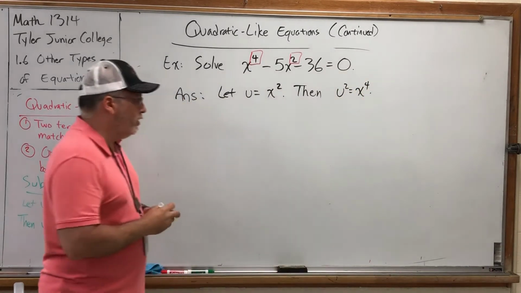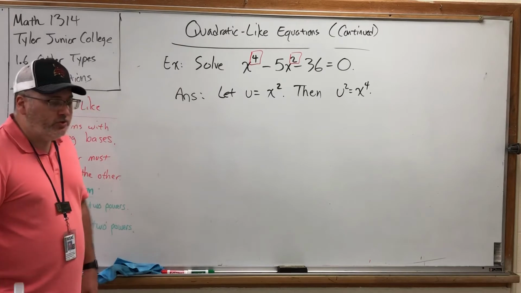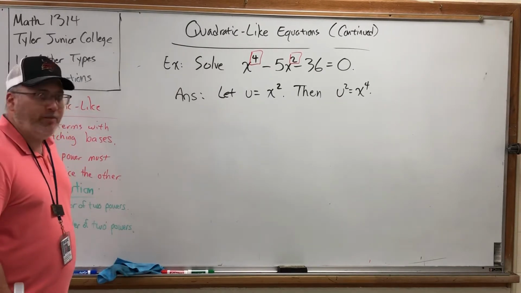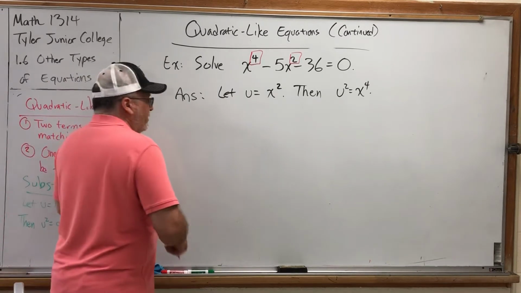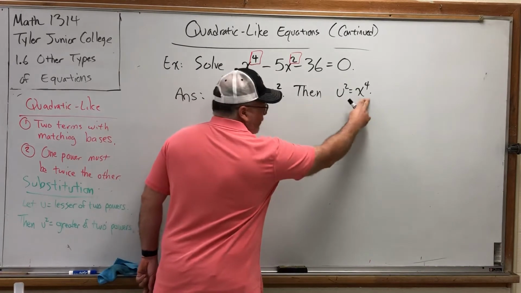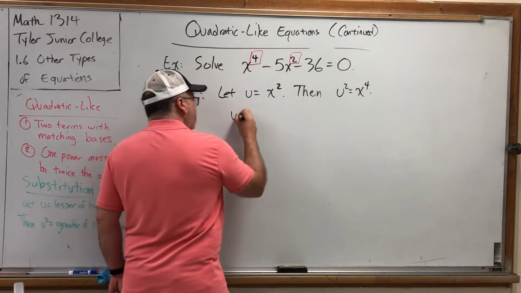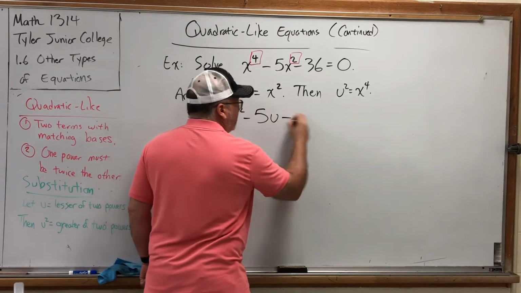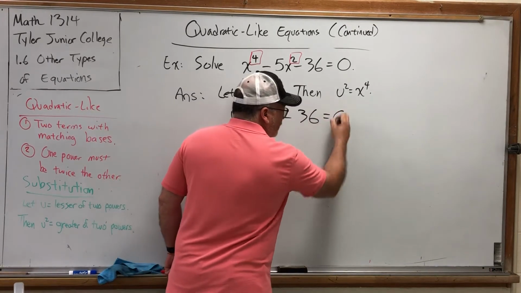That's why u squared will always be the greater power, because squaring the smaller power doubles it. As a consequence of these substitutions, x to the fourth is going to get replaced with u squared, and x to the second is going to get replaced with u, and the rest of the equation remains intact.